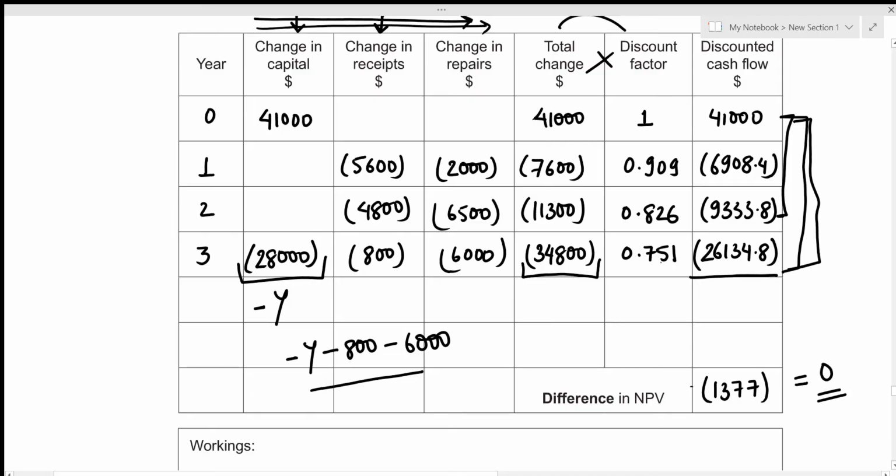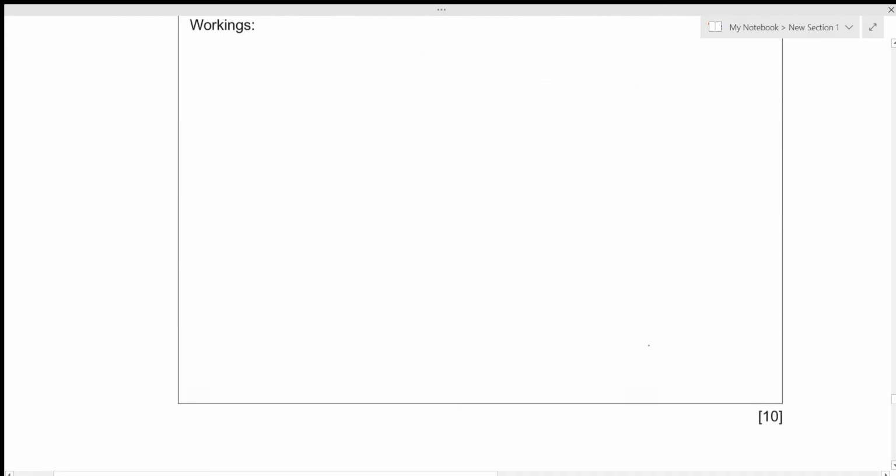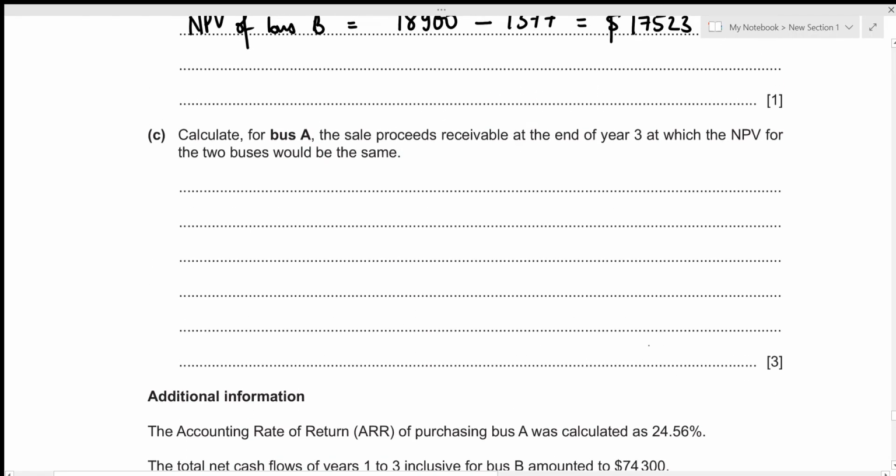And if we multiply it with our discount factor, that's just 0.751, and then add these three amounts for the discounted cash flows for the year 0, 1, and 2, then we'll get the difference in net present value to be 0, right? Let's write it in an equation form. So we have the new change in capital to be minus y.